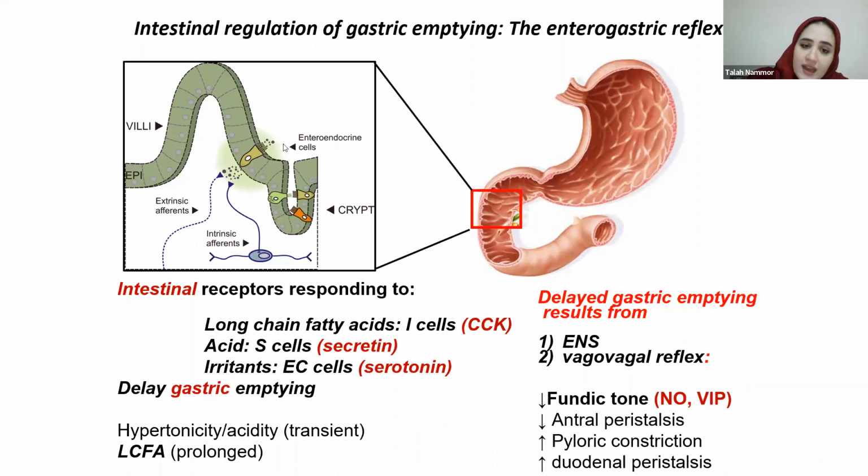Now, the CCK and the secretin will go and, you see, this is the enteric nervous system. It is activated, and the vagal nervous system is activated. So what will happen here? Because the vagal pathway and the enteric nervous system are activated, they know we're activating them to stop gastric emptying.